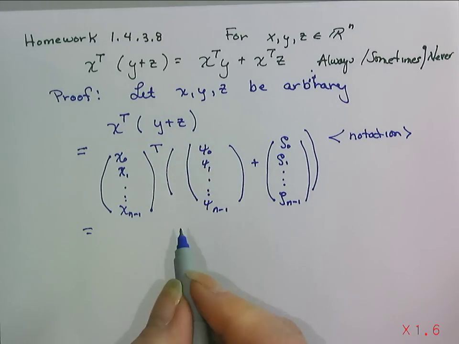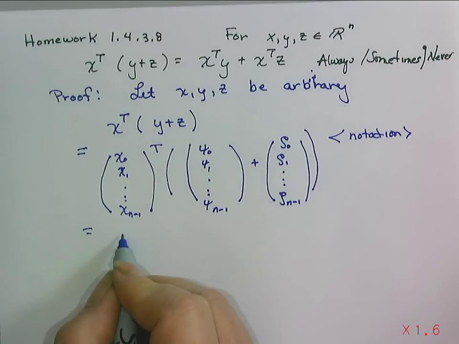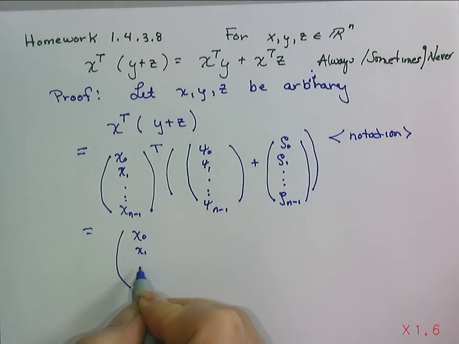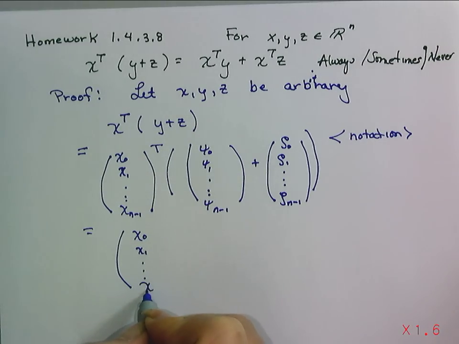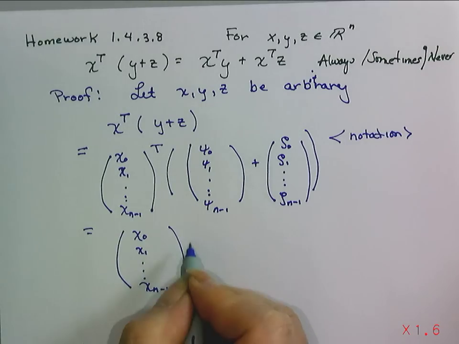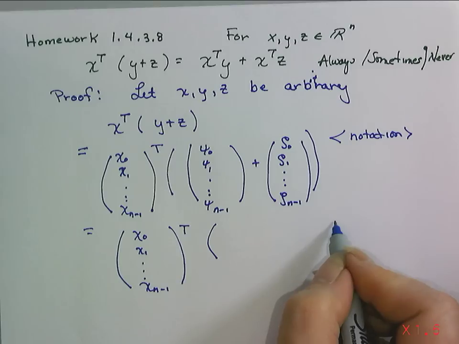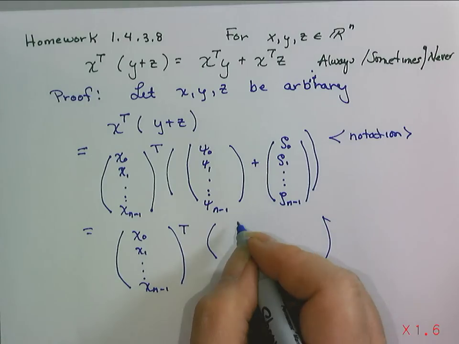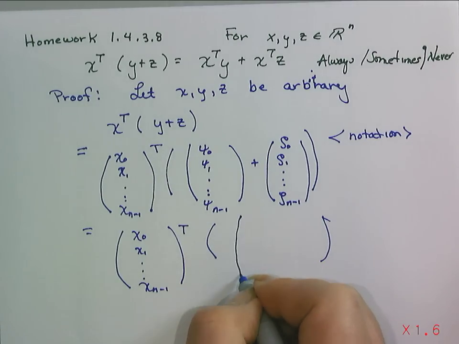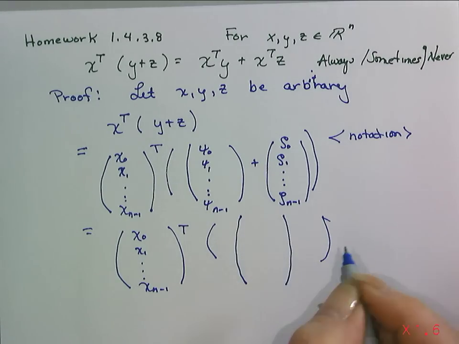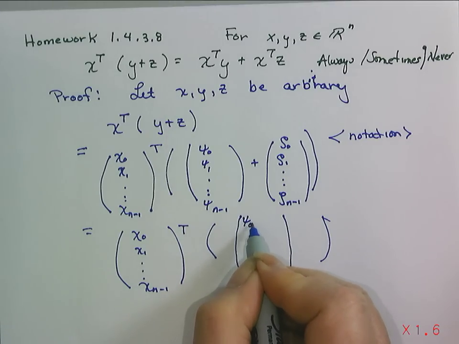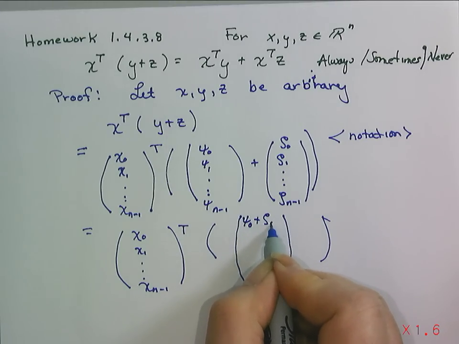So what we'll have here is the dot product of x with the resultant of summing y plus z, which is going to be the vector of size n, whose first component is going to be psi sub 0 plus zeta sub 0.